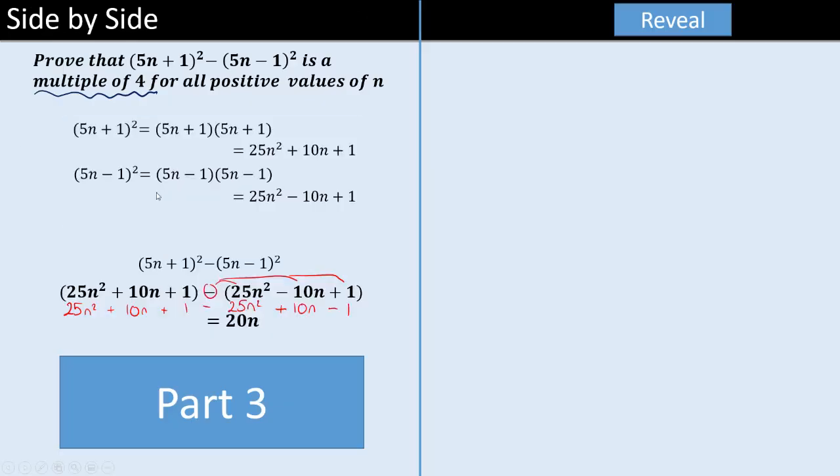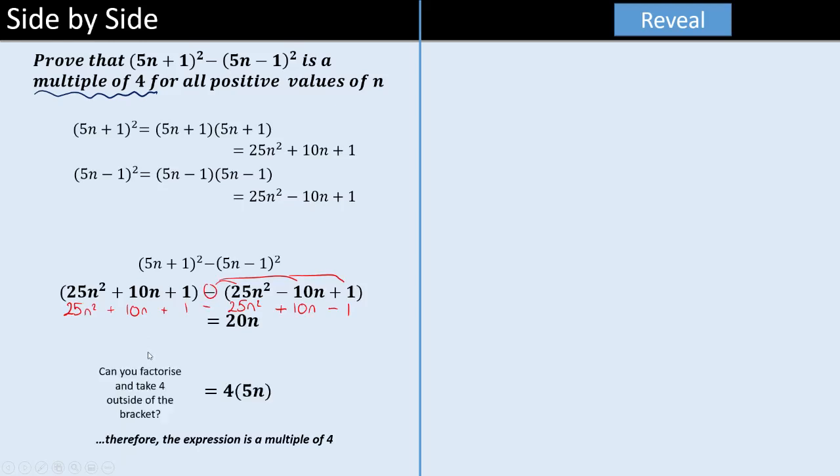Okay? And in our factorizing, what that means is, can we take a 4 outside of a bracket? And in this case, we can, because 4 is a factor of 20. So we can take 4 outside of a bracket to make 4 lots of 5n. And we can say, therefore, the expression is a multiple of 4. Happy days.